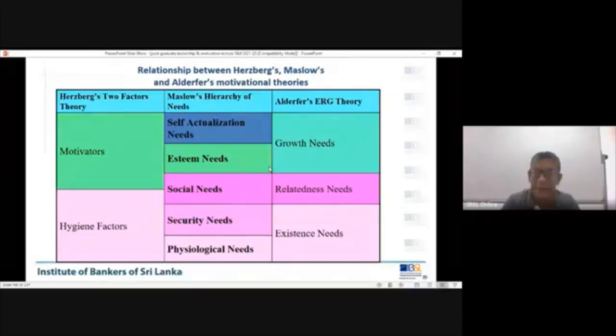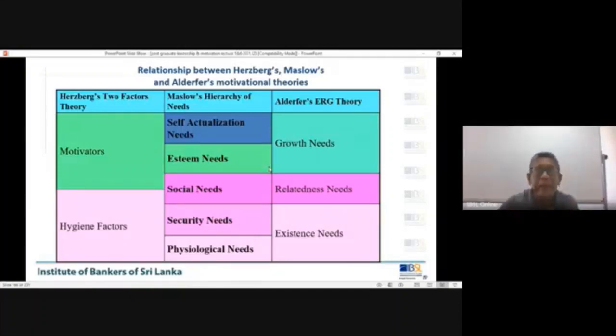That means the needs theories, the factors contributing to the improvement of motivation. Herzberg identified two factors, which we call motivators and hygiene factors. Maslow talked about five factors, psychological things. And Alderfer identified three, simple as that.